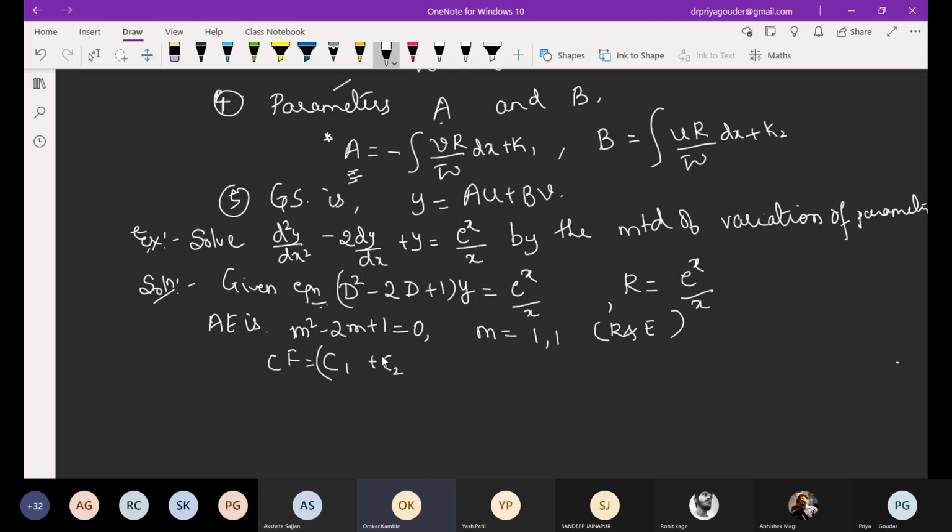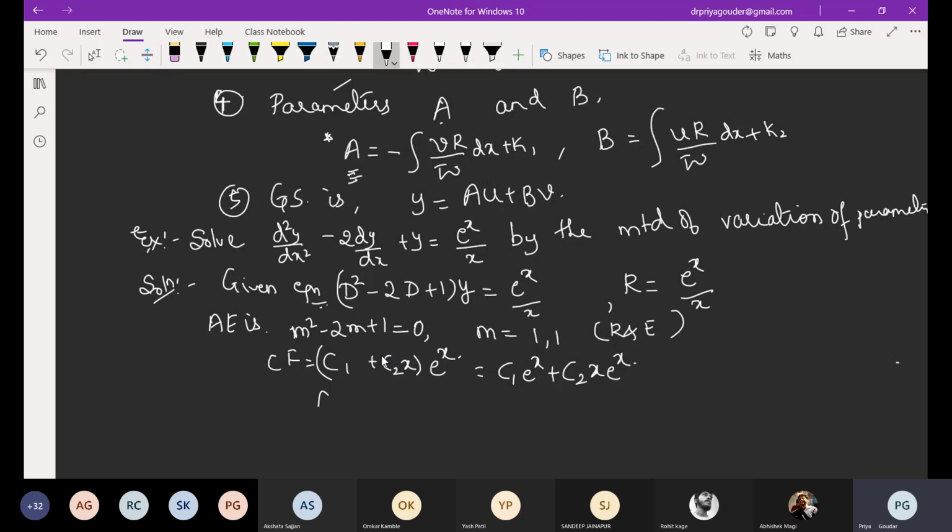C1 plus C2x into e raised to 1x. Now don't keep this exponential outside, take it inside. Better, because we want to identify u and v. So this is for both: C1 e raised to x plus C2x e raised to x.